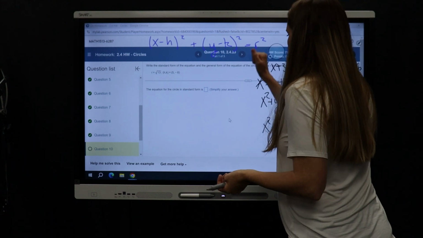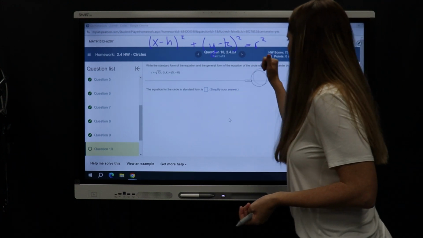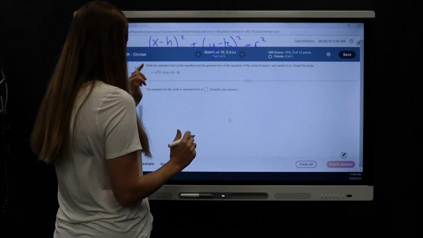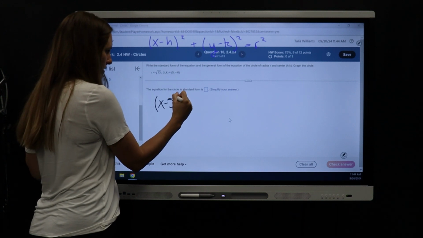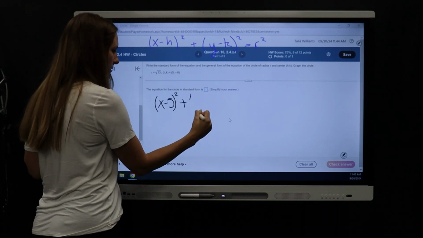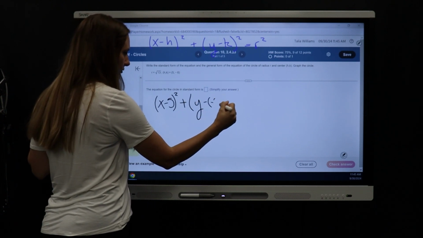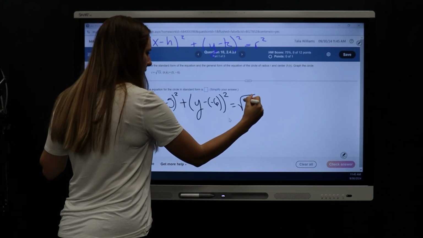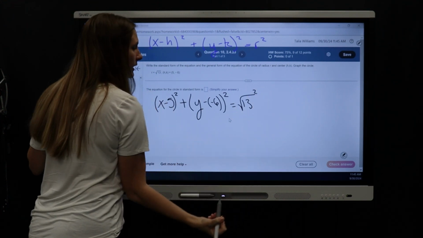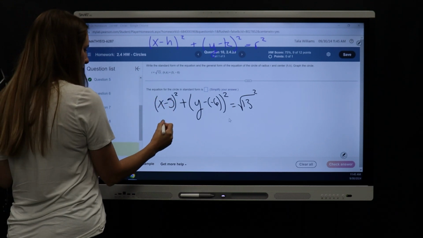The equation of a circle in standard form is, so HKR, x minus h, which is 5 squared, plus y minus k, which is -6. I'll go ahead and write it out here. Squared equals this square root of 13 squared. And so let's simplify that real quick. This one's already simplified.